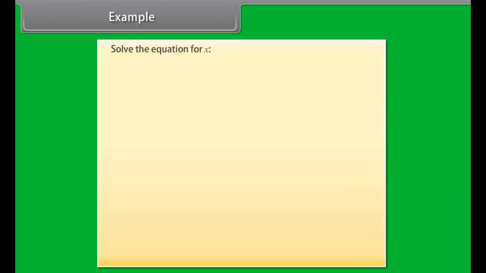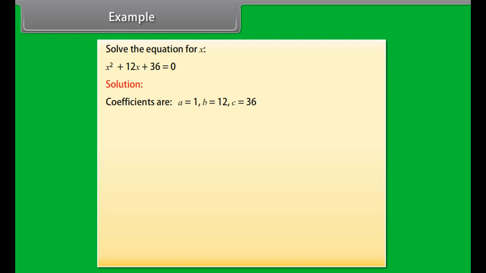Example: solve the equation for x. X square plus 12x plus 36 is equal to 0. Solution: coefficients are a is equal to 1, b is equal to 12, c is equal to 36. d is equal to b square minus 4ac. d is equal to 12 square minus 4 into 1 into 36 is equal to 0.